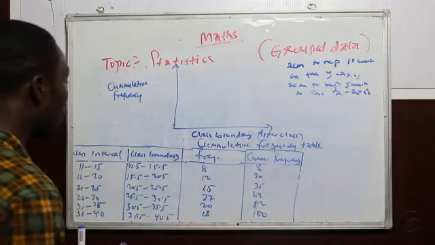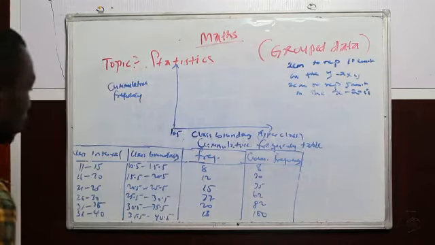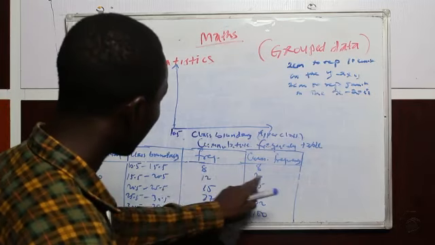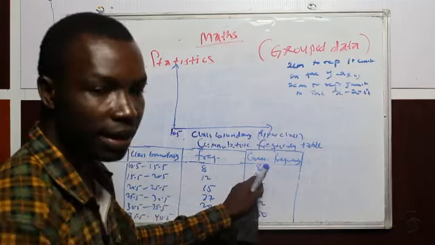Therefore, we start from here, 10.5. 15.5 is at which cumulative frequency? 8. We start here, 8. You locate 8 here. 8 begins from here.